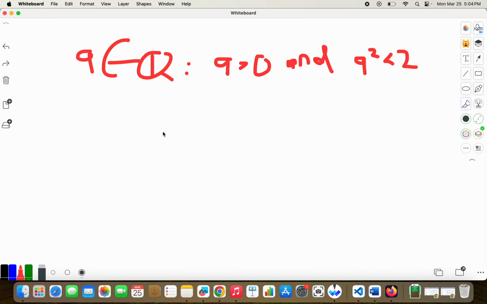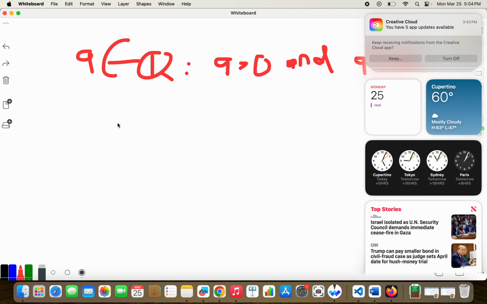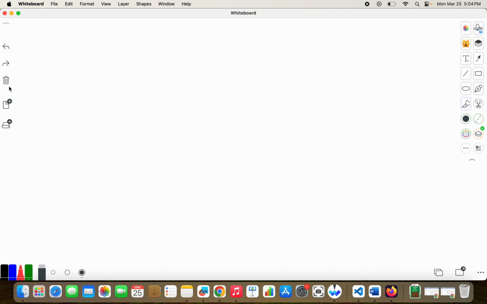So prove E is bounded above and has no supremum in the rational numbers. So this is the set that proves the least upper bound property does not exist. This is actually a part of the previous proof.